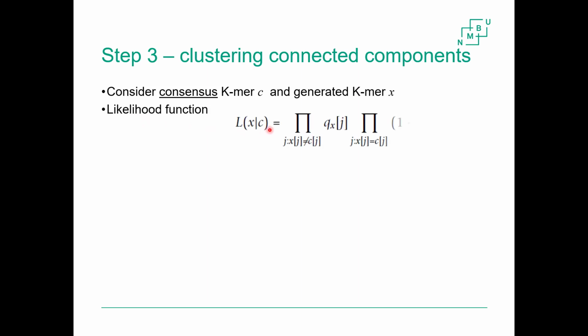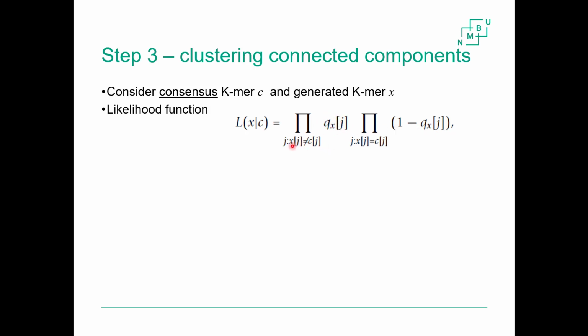Then we define a likelihood function for this. And what is a likelihood function? It says something about a probability: the probability of seeing these k-mers given that we have the consensus sequence, right? That's found by simply multiplying together these error probabilities.